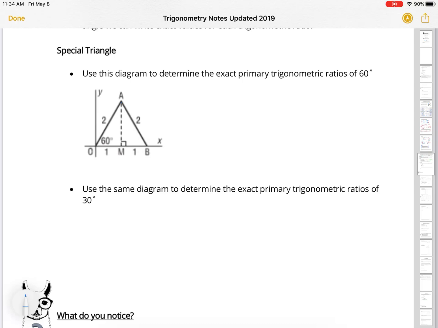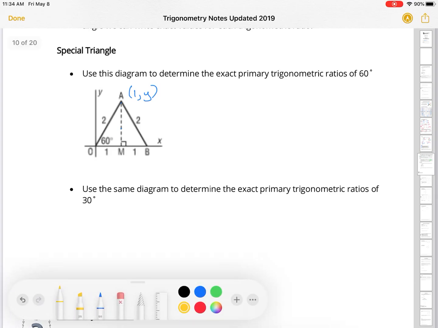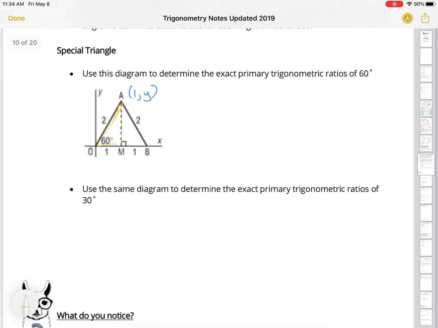If we look at this 60-degree triangle, at point A, x is 1, and we need to first figure out what y is. We have the hypotenuse given as 2.